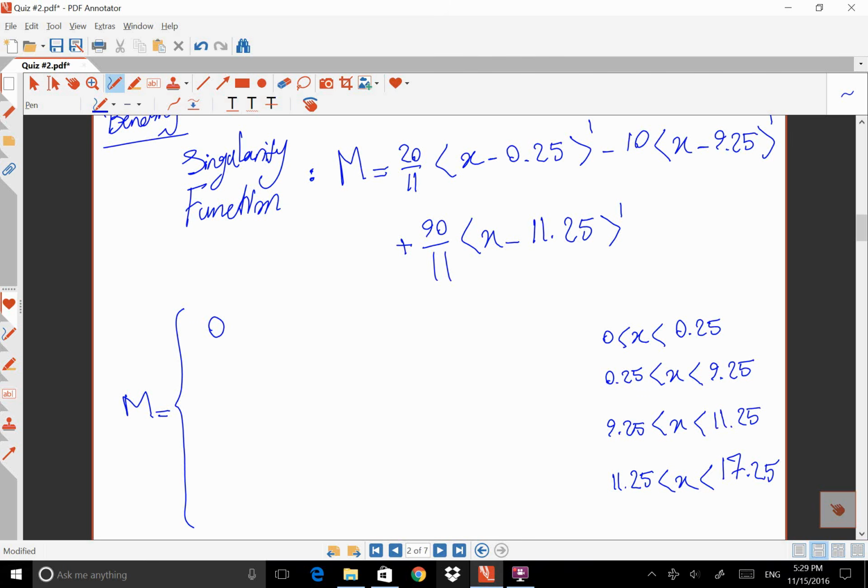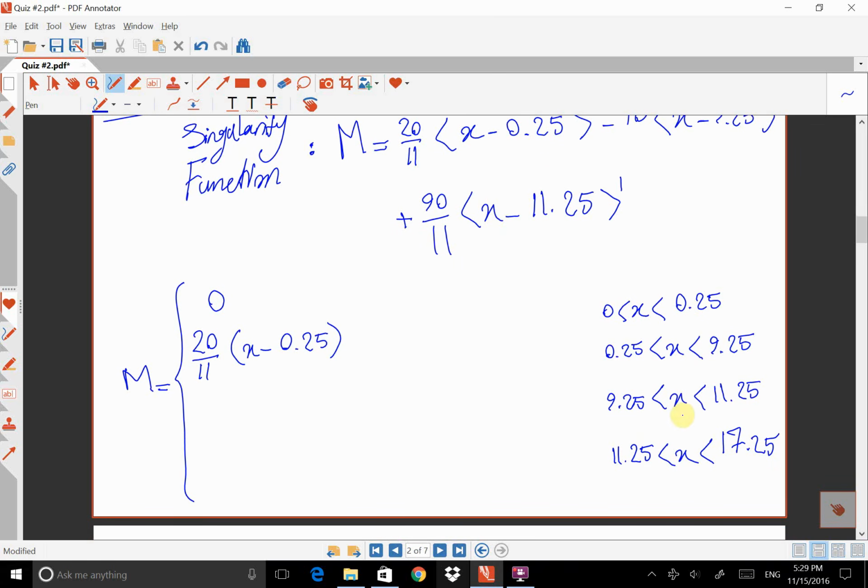For the second region, if I pick a number between these two, like x equals 1, and put that here, 1 minus 11.25 is minus something, 1 minus 9.25 is minus something, so that is 0, this is 0, and this part will be positive. So this bracket will be changed to parentheses. So the moment will be 20 over 11 times (x minus a quarter) to the power of 1.